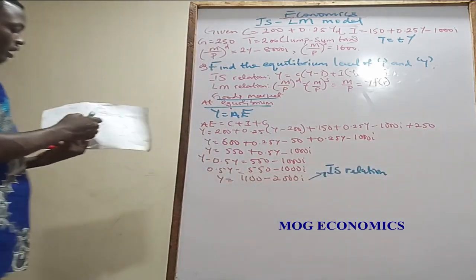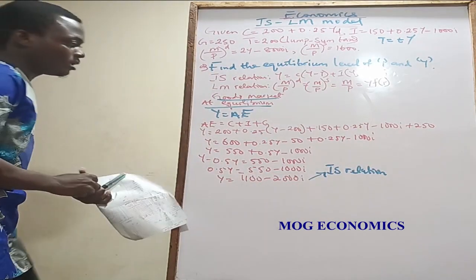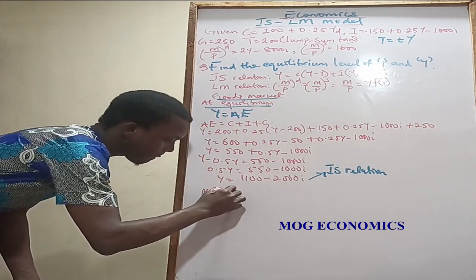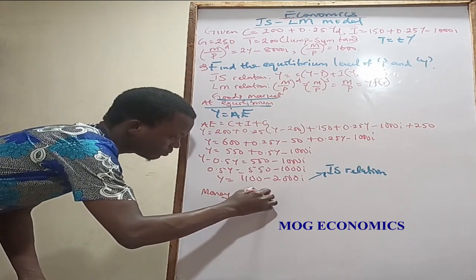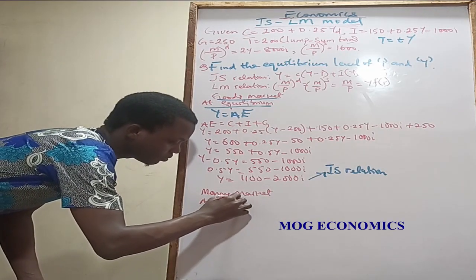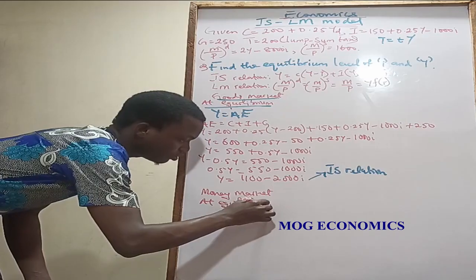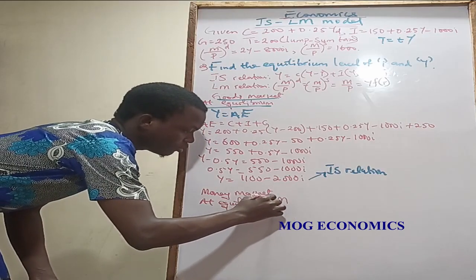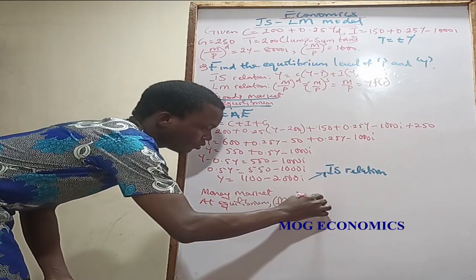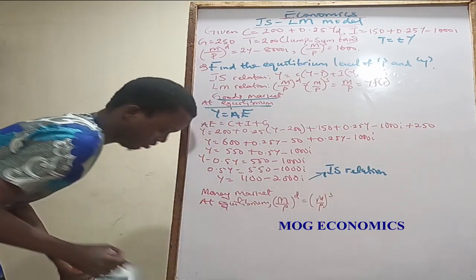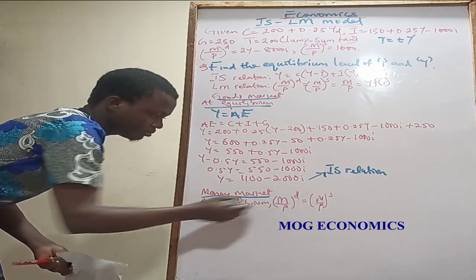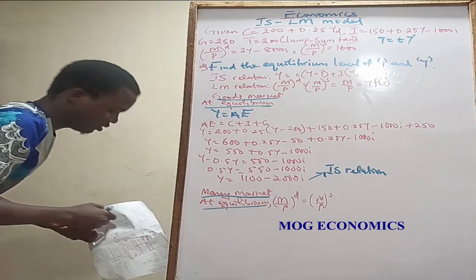Now, how do we find our LM relation? So for the LM relation, we are going into the money market. At equilibrium, we know that money demand equals money supply, M over P (demand) equals M over P (supply).